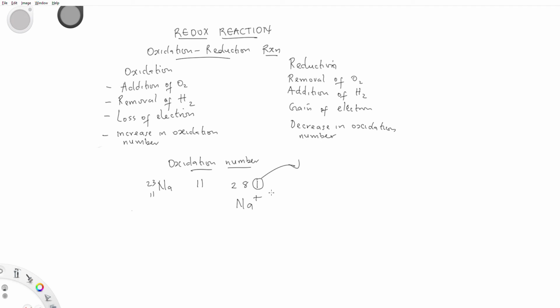So remember, loss of electron is oxidation. So it prefers to lose electron, and once an atom loses electron, it becomes positively charged. And that seems plausible because the electron is negatively charged, remember, so in order for it to form an atom, it has to have the same number of electrons as protons.